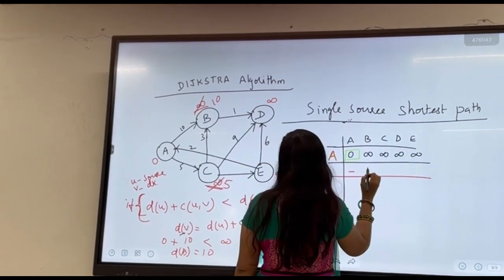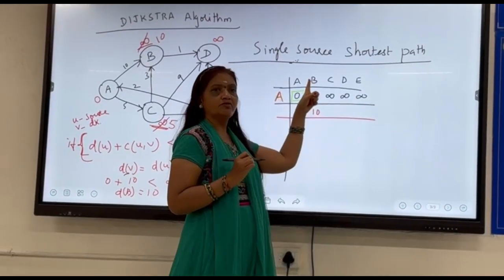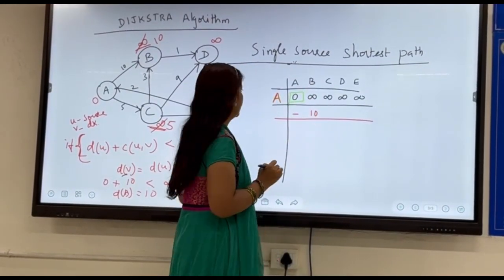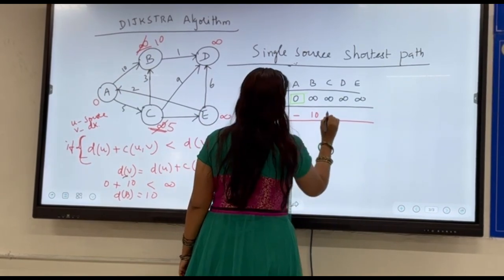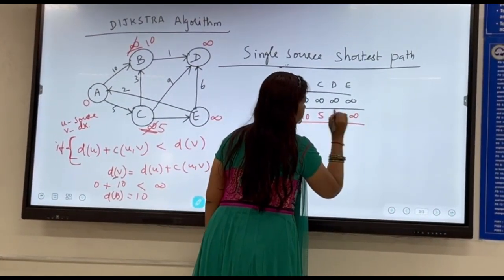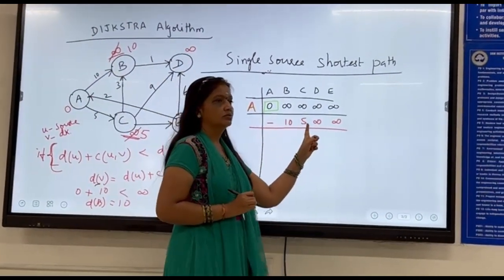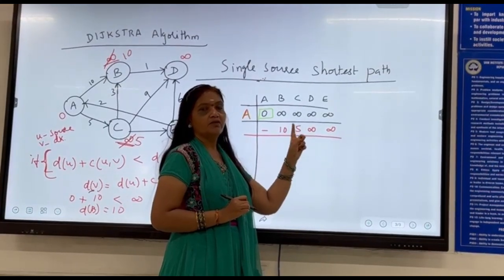Okay? Now B value is updated to 10. Compare it with the previous row. If it is lesser, you have to fill. Okay? 10. Next one is 5. All the other values remain the same. Okay? Now in this row, which is minimum? 5 is minimum.